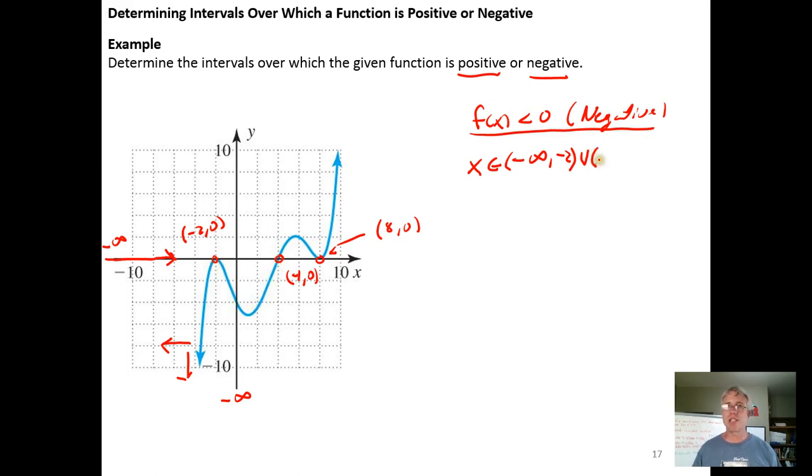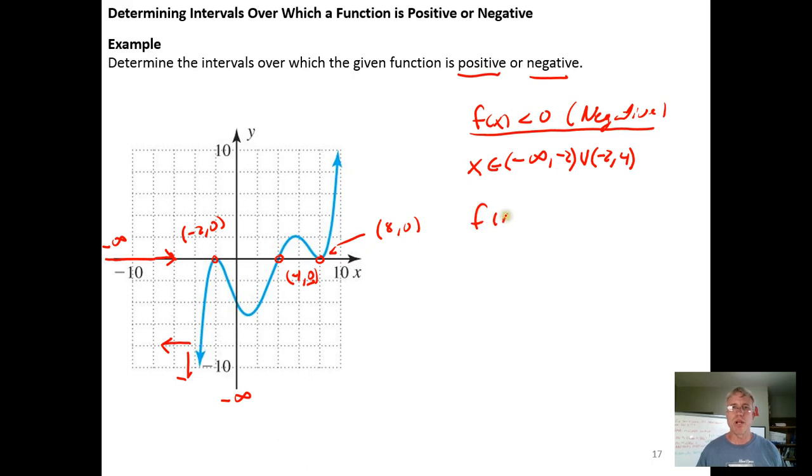So once I get past x equal to -2, the function outputs are still negative all the way up until I get to an input of 4. I can't include the 4 because at x equal to 4, the function output f of 4 equals 0. And then the function never goes below the x-axis again. So I know that the function will never be negative again.